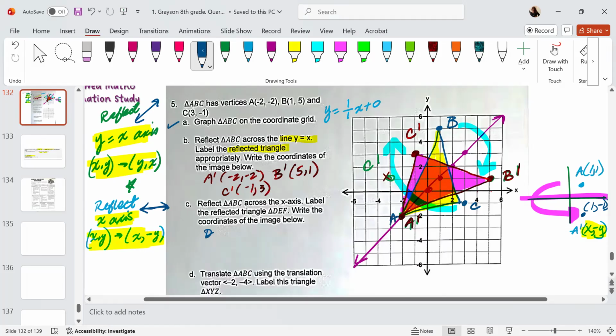Okay. Label it D, E, and F. Graph it, please. You should have another triangle there.